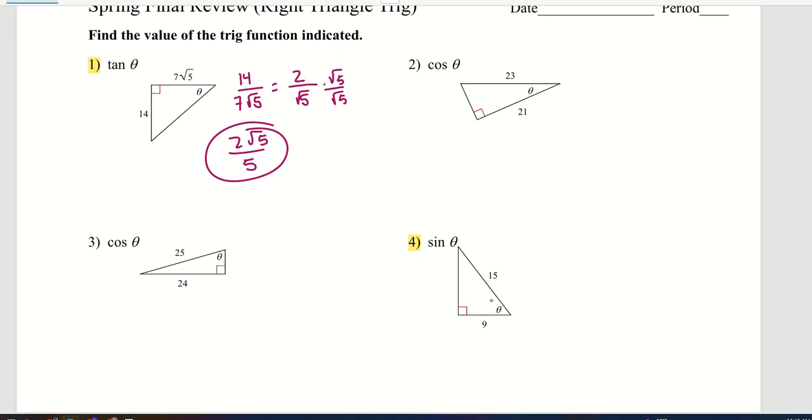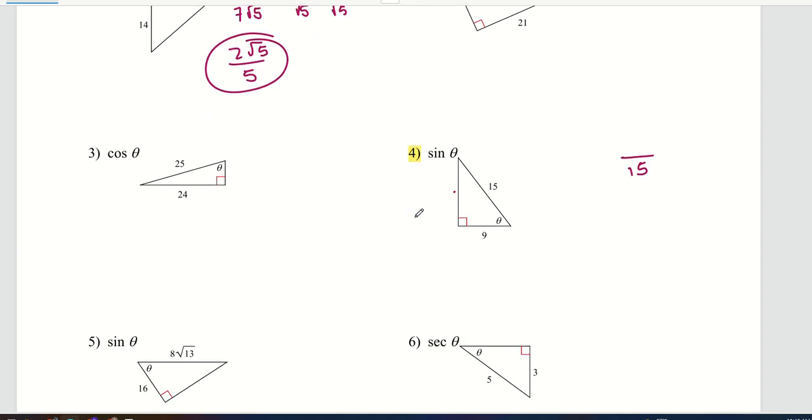All right, so for number 4, we need to do sine of theta, which means we need the opposite. So we need this one over 15. So it's going to be something over 15. To find the opposite, this leg, we need to do Pythagorean theorem.